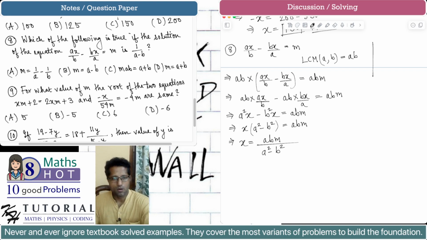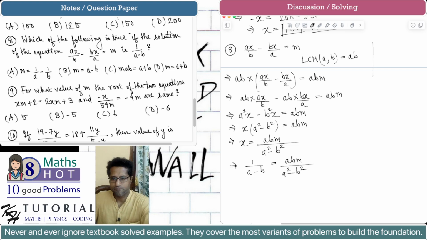Now it is also given that the solution of the equation is 1 by a minus b. So we can say that 1 by a minus b is equal to abm divided by a square minus b square.